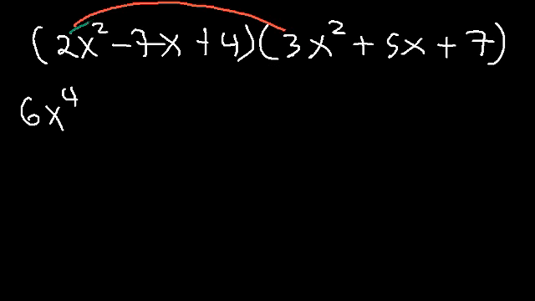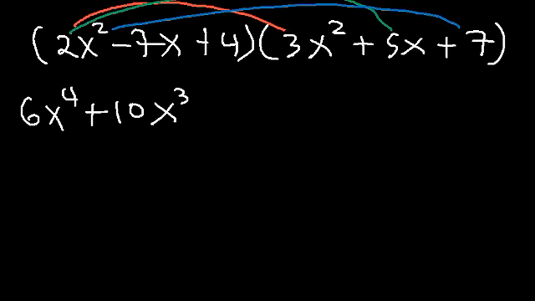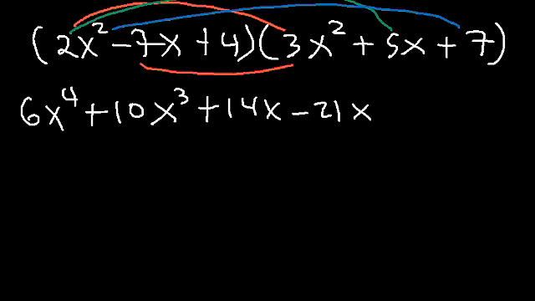Now what's 2x squared times 5x? 2 times 5 is 10. X squared times x is x cubed. And then 2x squared times 7 is 14x. Negative 7x times 3x squared, that's negative 21x cubed.